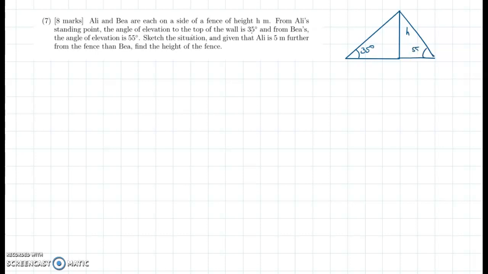On each side of the fence we have one of our characters, Ali and Bea. And the other piece of information that we have is that Ali is 5 meters further from the fence than Bea, so if we call the distance from Bea to the fence x, we're going to call the distance from Ali to the fence x plus 5 meters.